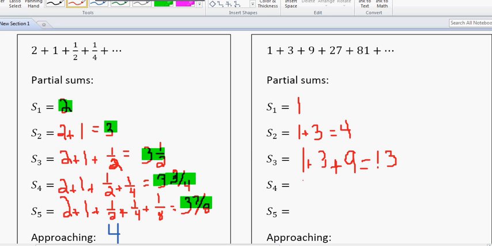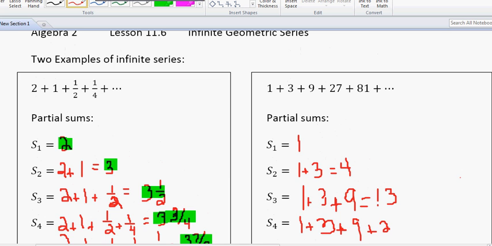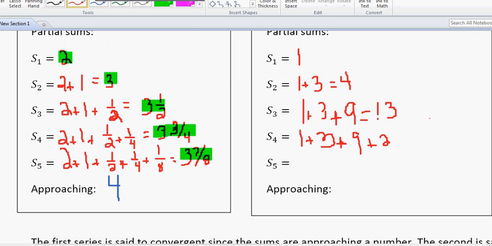Okay? And then the next one is 1 plus 3 plus 9 plus 27. I think you guys get the idea here. Plus 27, which would equal 40.